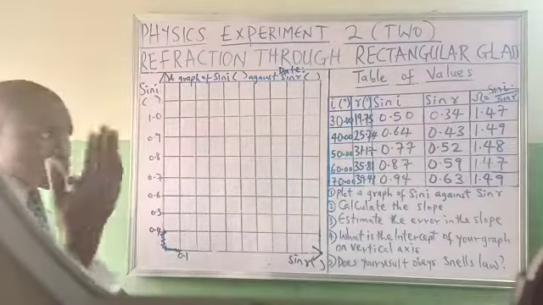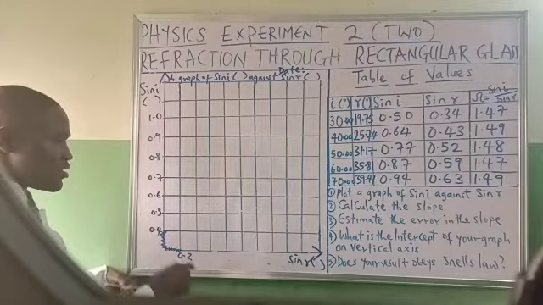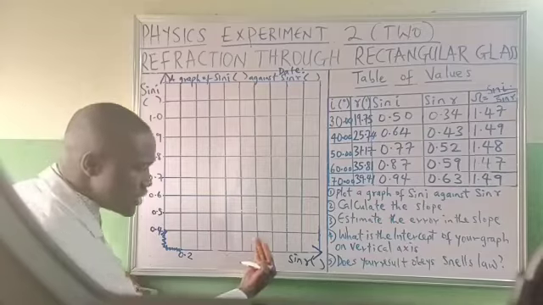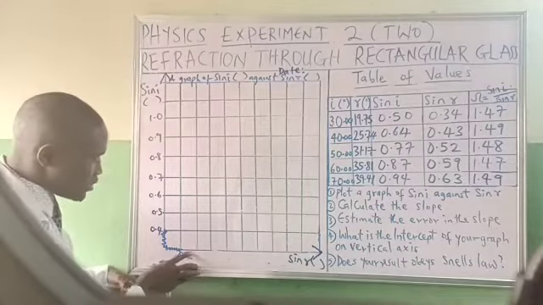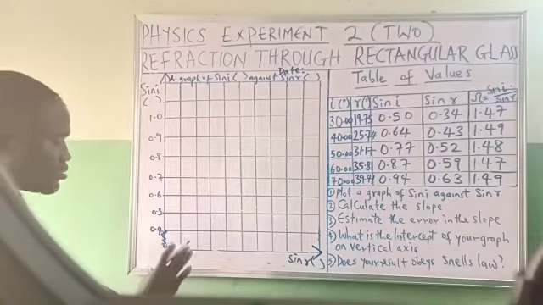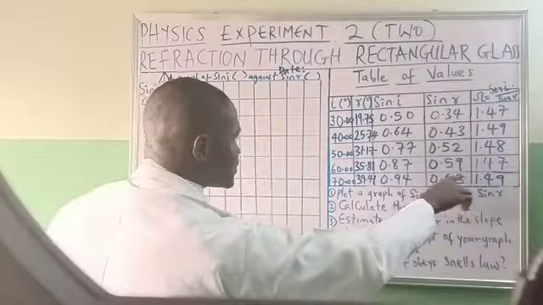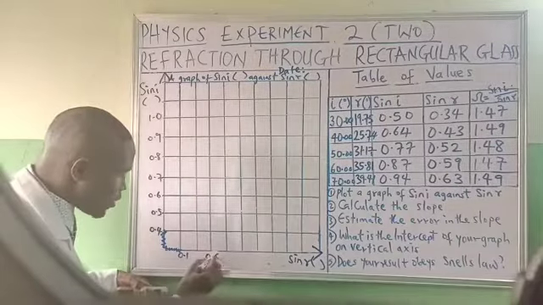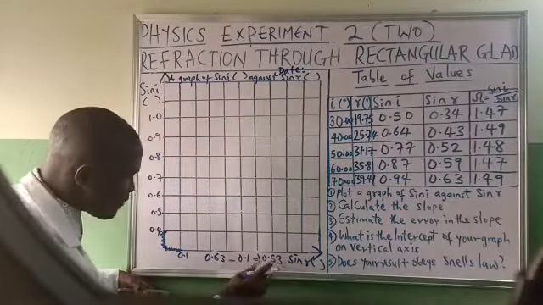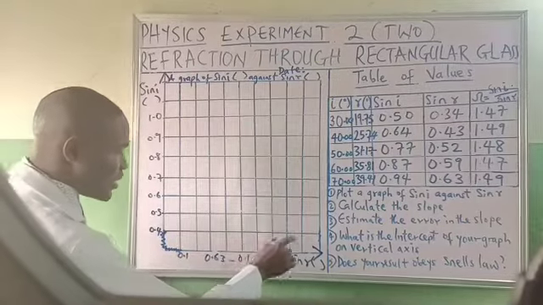I can pick 0.2. But the implication is that if I pick 0.2, ordinarily, if I say 0.2, 0.3, 0.4, 0.5, 0.6, I will see a bigger space left. I will say no. Let me pick 0.1 so that this is well balanced. What I will now do is 0.63 minus 0.1. That will be giving me 0.53. How many spaces? 1, 2, 3, 4, 5, 6, 7, 8, 9.